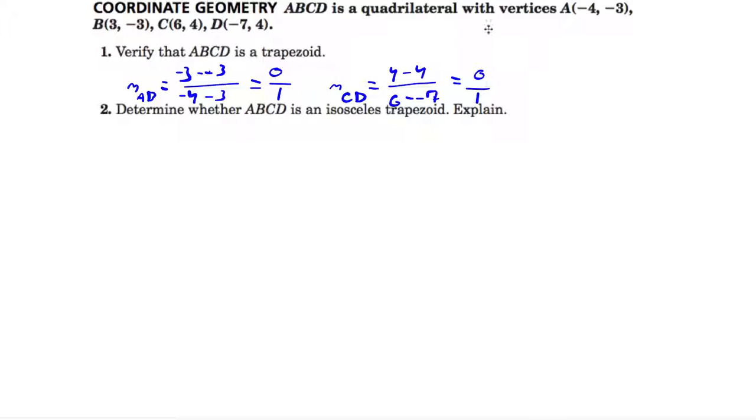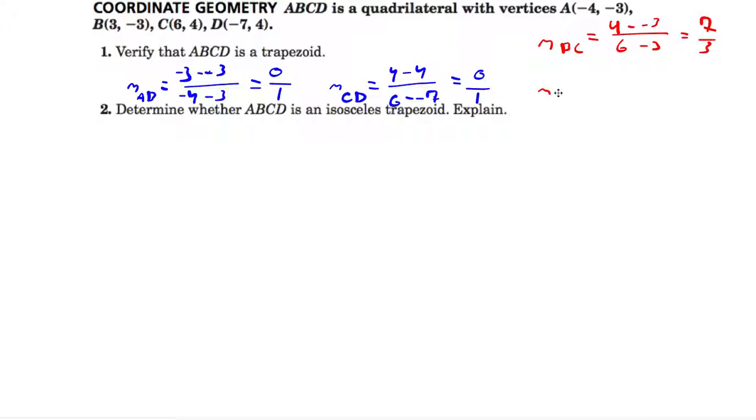But what about the slopes for the legs? So we need to show the slope for BC, which is equal to 4 minus -3 over 6 minus 3, which is 7 over 3.